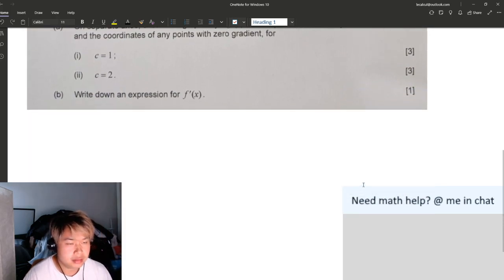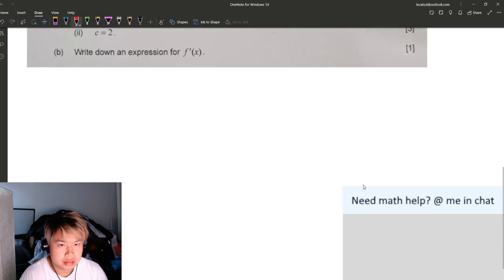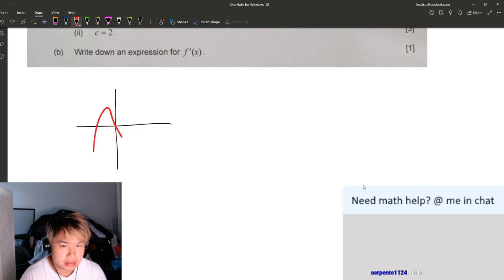So, I don't know, I guess I'll sketch it out. It goes like this. Actually, I think it was like this.